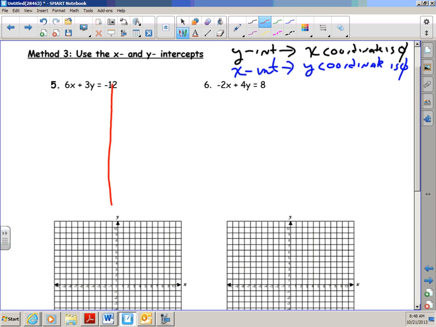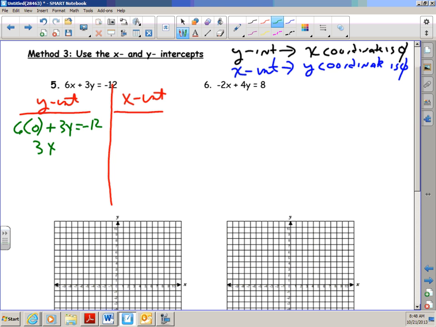Now, how are we going to do this? Well, let's divide this up. I want to figure out my y-intercept and my x-intercept. Well, if the y-intercept means x is 0, then what you're doing is you're putting 0 in for x and solving for y. Well, what you're left with is 3y equals -12, or y equals -4. You just found the coordinate 0, -4.